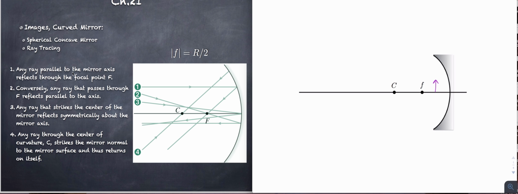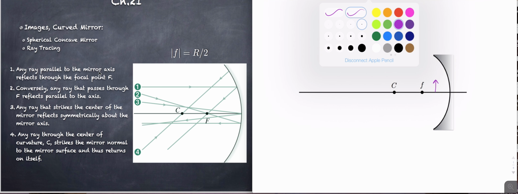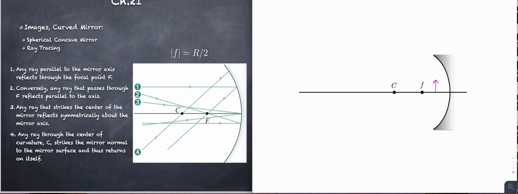So the first one I want to do is draw the one parallel. When light moves parallel to the mirror, that should reflect through the focal point, like so.